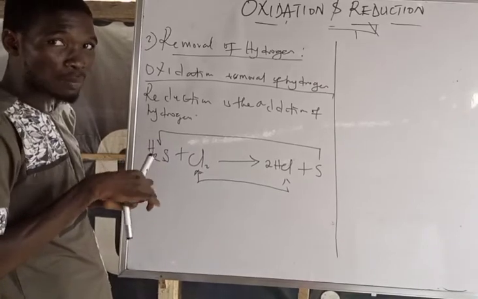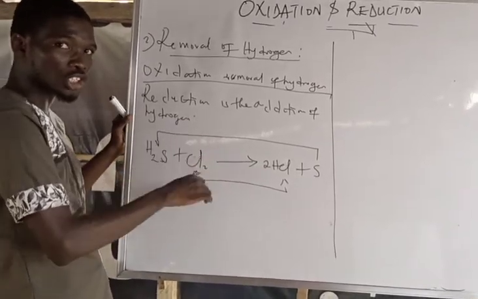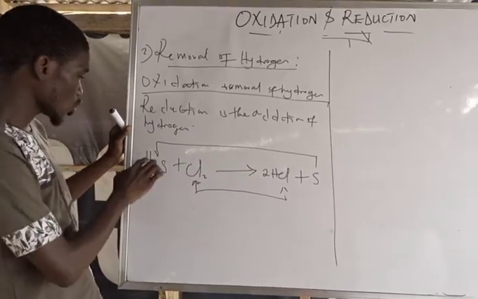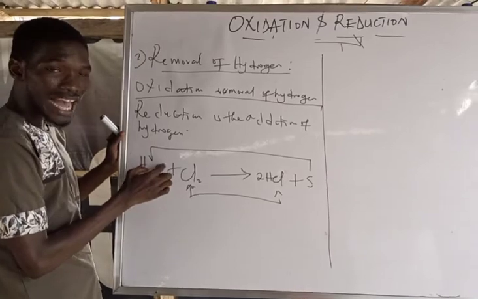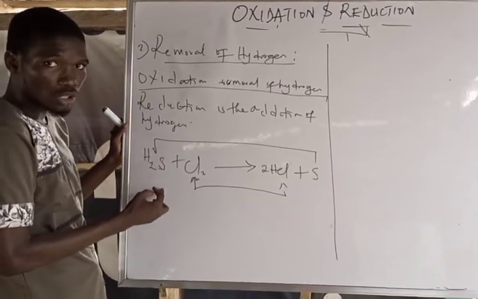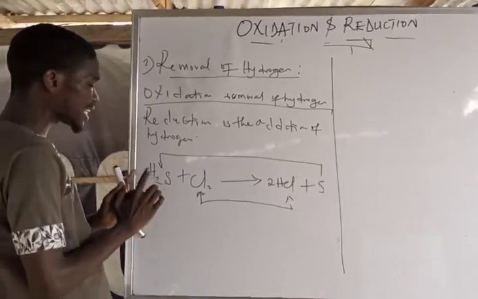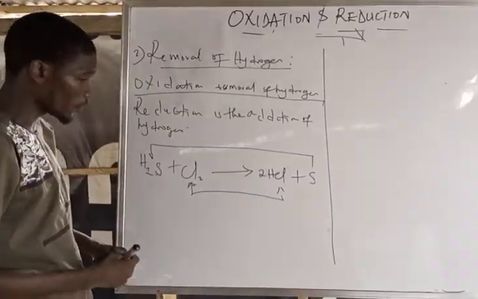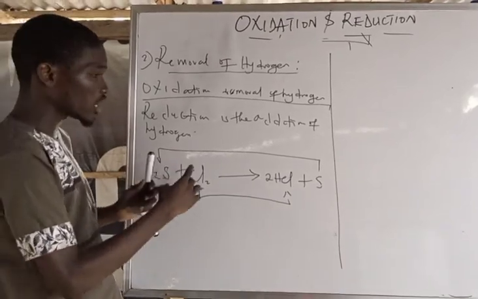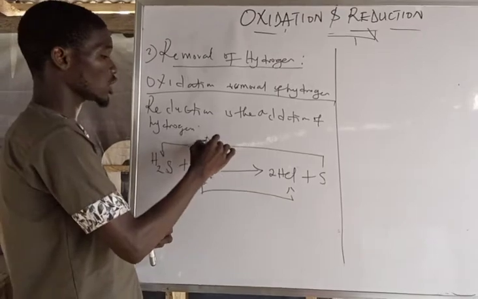Our main purpose in this example is to identify which one is reduction and which one is oxidation. Looking at this compound, hydrogen is here with sulfur. For it to have removed the hydrogen means it is oxidized to give us a yellow sulfur. So I can call this removal of hydrogen oxidation.